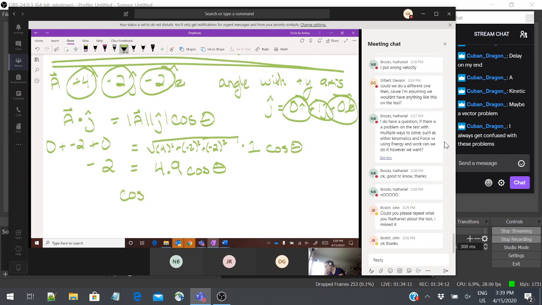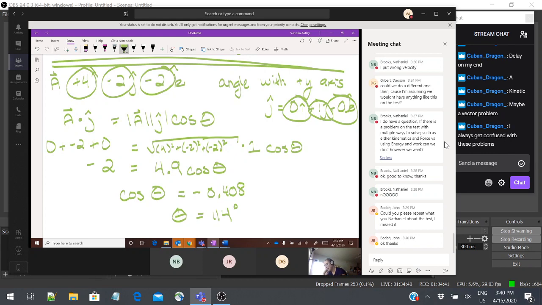So cosine theta is negative 2 divided by that number, which is negative 0.408. Then we take the inverse cosine, and theta is 114 degrees.